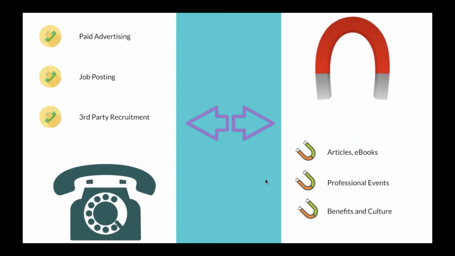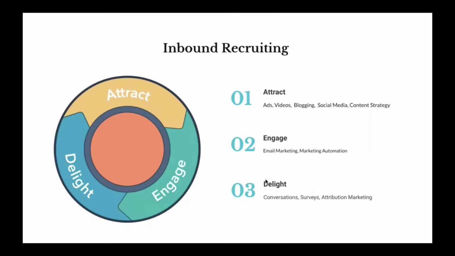What inbound marketing is more like is, think of it as kind of a magnet. And so you're going to use articles, ebooks, professional events, and most importantly, you're going to use your company benefits and your company culture to actually attract that top talent like a magnet. So hopefully that makes sense and everyone understands what the difference between inbound and outbound marketing is.